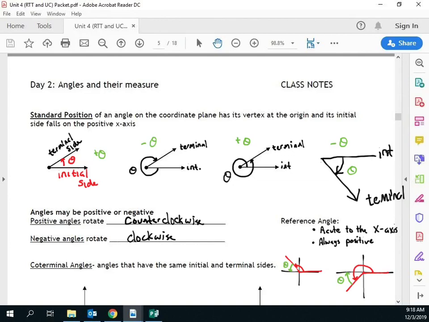Okay? Sometimes it looks interesting because you have something like this. And this is a rare case, guys. It does happen, but it's rare. But we've got to talk about it. What if it lies on the axis itself? What if it lies on the axis?